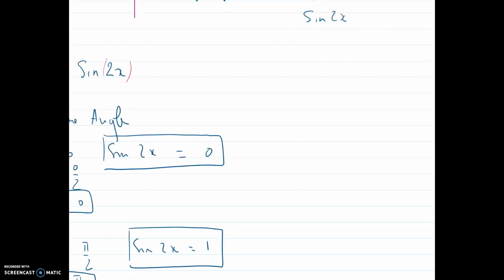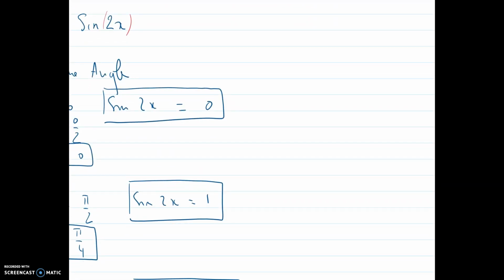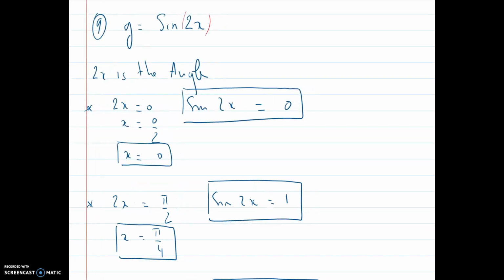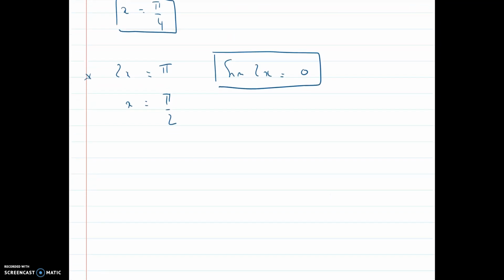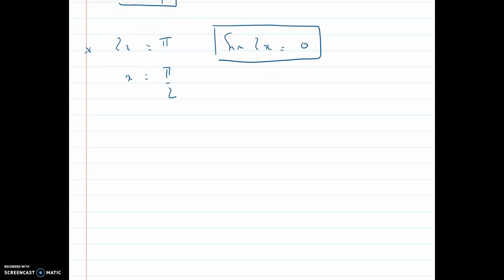All right, so let's continue and let's try to do the problem number 12. All right, so this time, problem number 12, we're talking about graphing y equal 2 cos x.